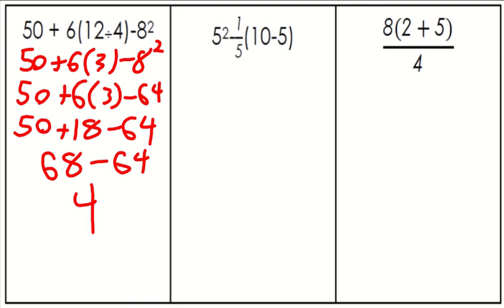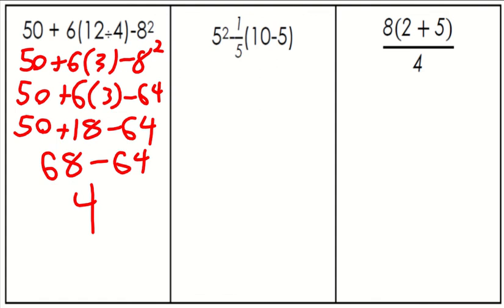I'm going to skip that one in the middle. I want to do that one on the right, though. It looks a little odd, right? Or a little different. When you see something like that, and you've got kind of an expression over something, do the top first. All right, think of it like the top is in parentheses, okay?